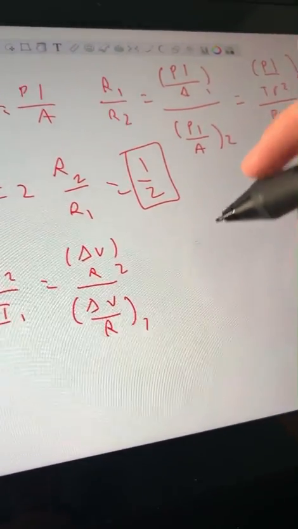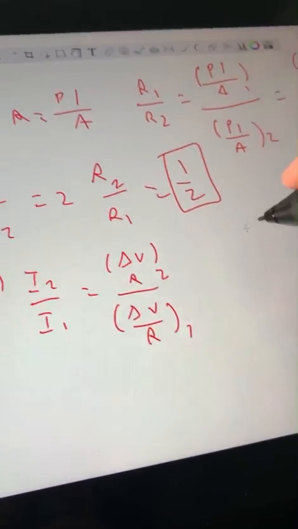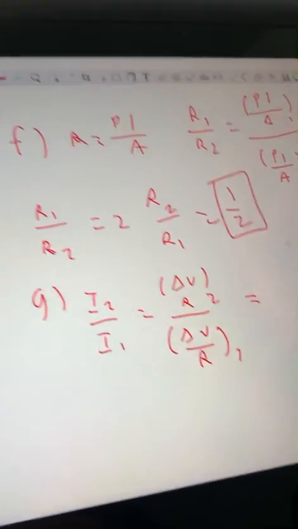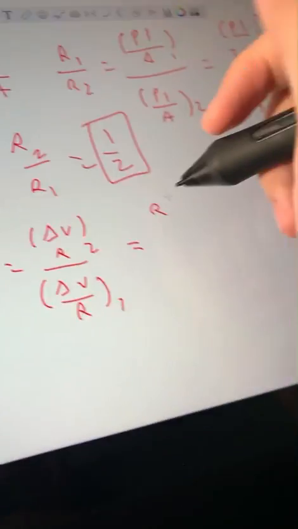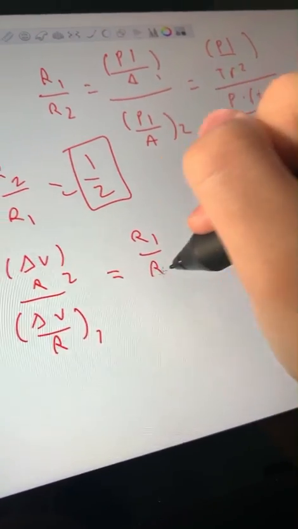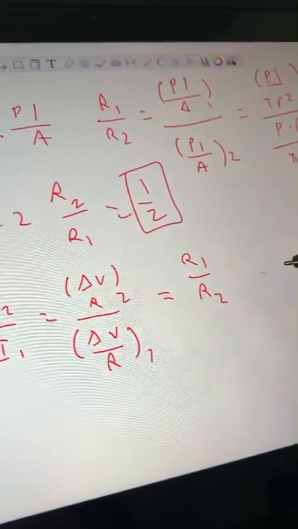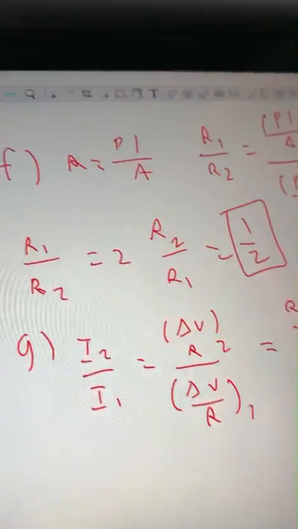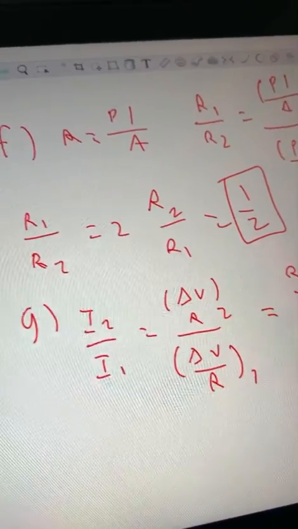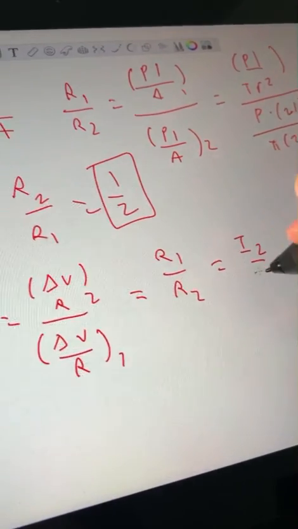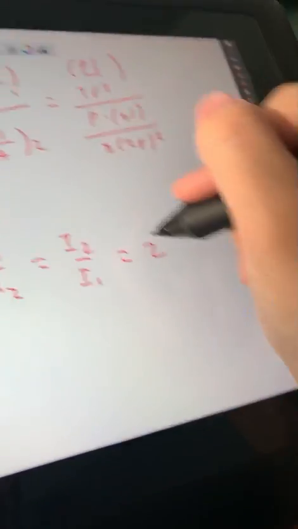And when we fill these in, it's actually just the same as R1 over R2. So we just use the same values up here. So I2 over I1, the answer is 2.